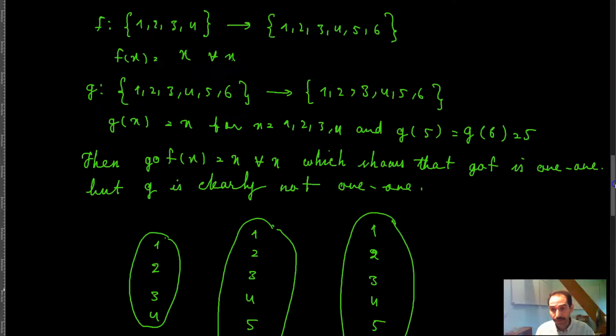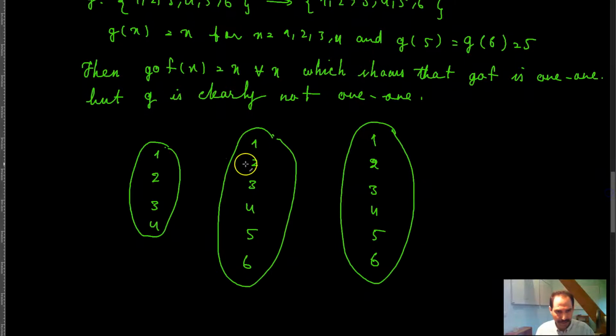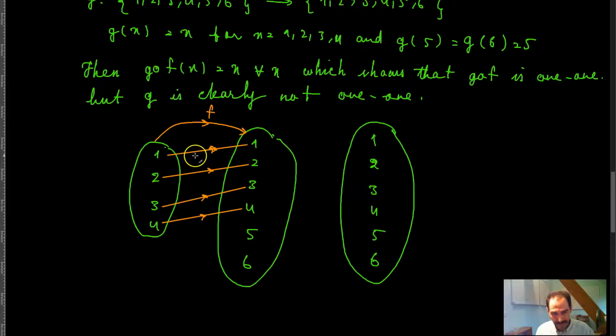The rule of f is f(x) = x, so these are the mappings that we have under f from this set to the next set.